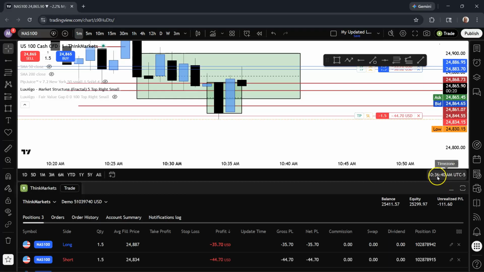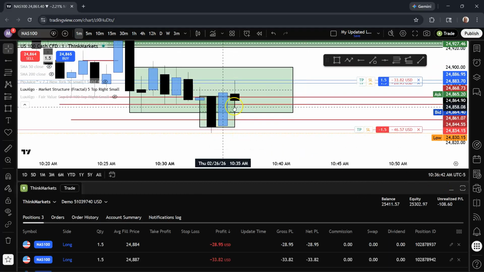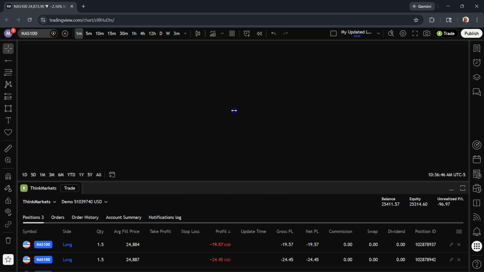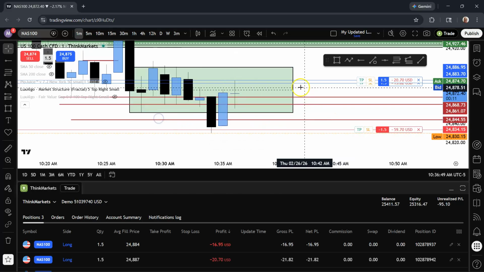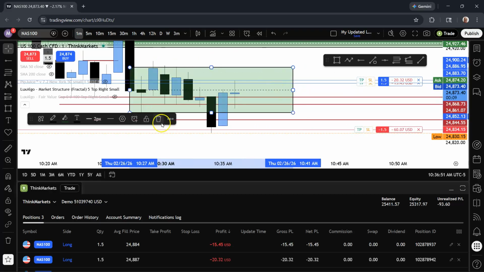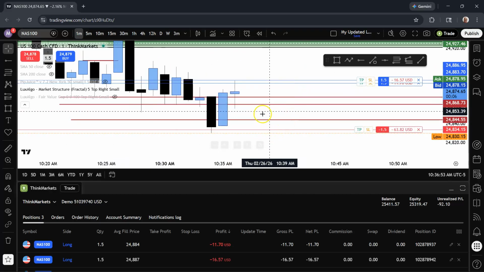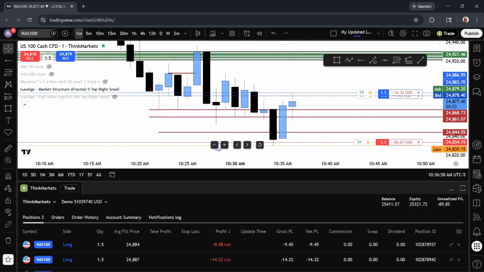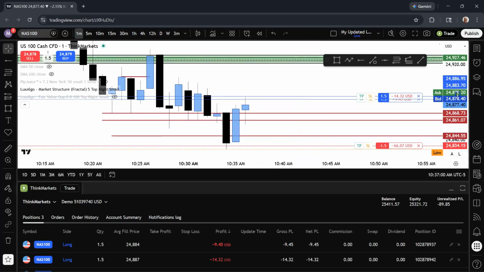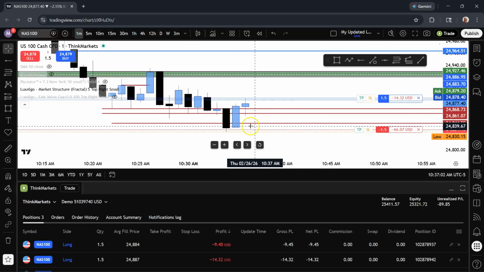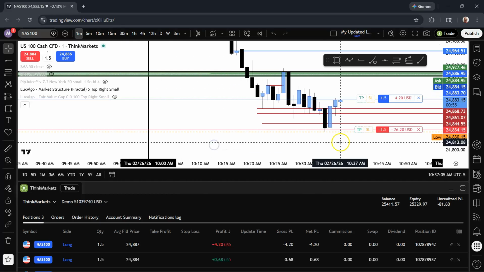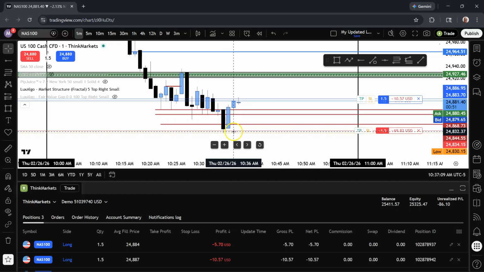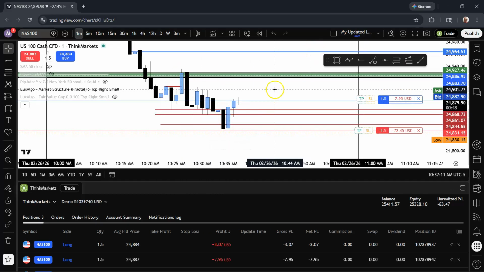What time is it? 10:36. I'm still bullish, so hopefully this is a reversal with this bullish engulfing candle. Because if it reverses and goes back up, not only would I make my money back, I would be on an upward trend.